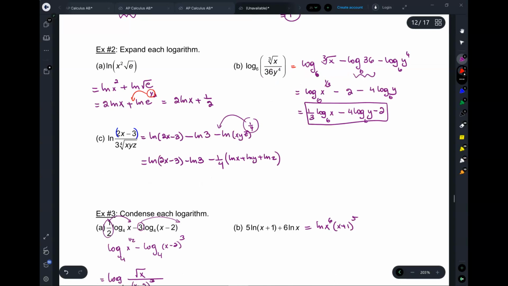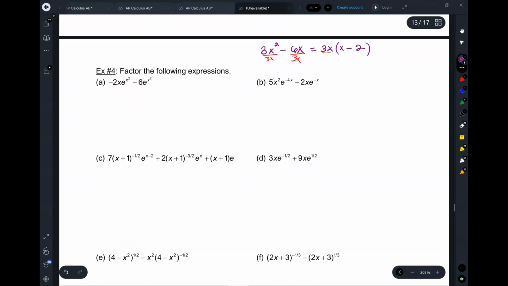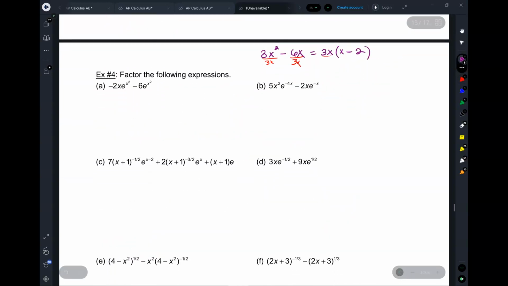So that's what we're going to do here now. So here I have negative 2x e to the x squared and then 6 e to the x squared. You see that from both of these you can factor out a negative 2, but there is also a common e to the x squared that you can factor out. So here we're going to factor out negative 2 e to the x squared.